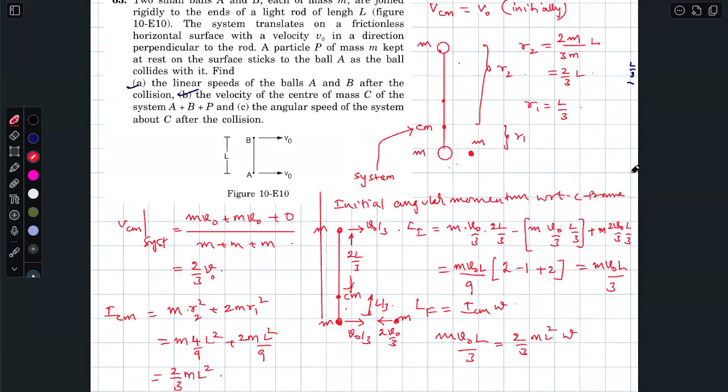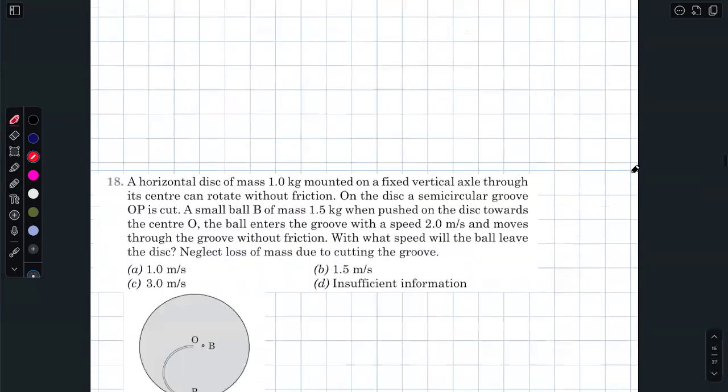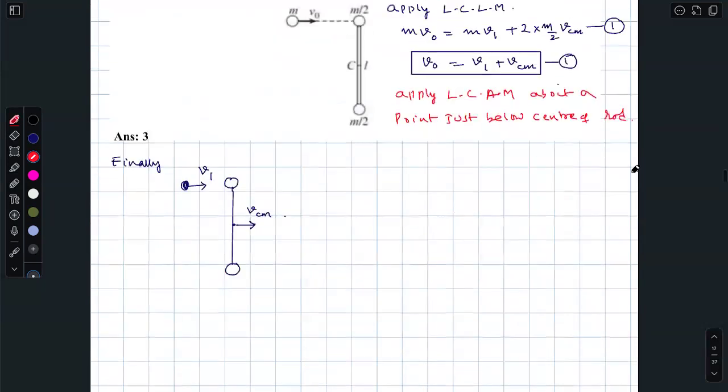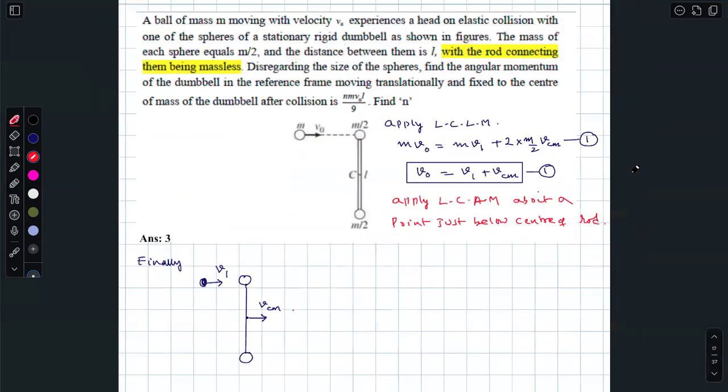What makes the difference? I told you very clearly: that was sticking. After collision, sticking, so you need to take the point for conservation of angular momentum as the center of mass of the system. In this case, there is no sticking. So in that case, the better point is just below the center of the rod.